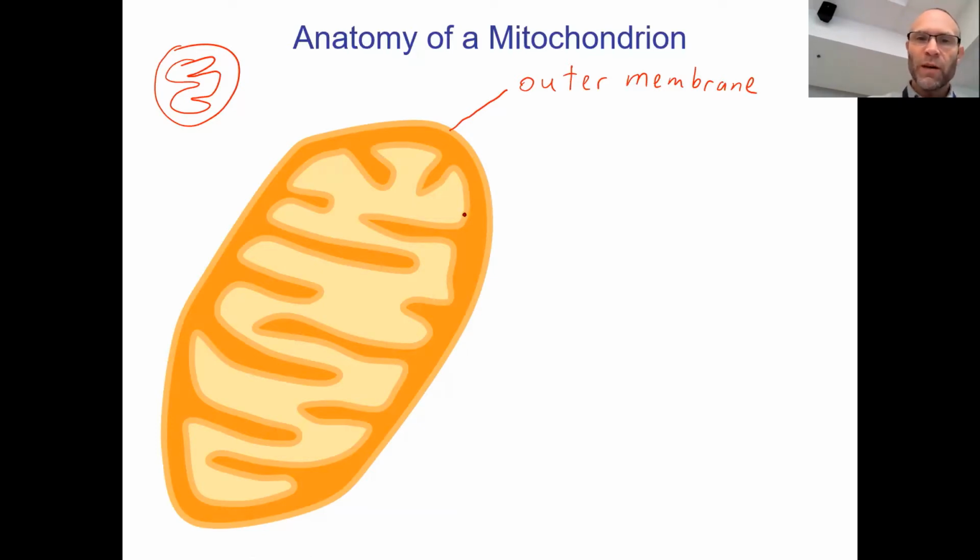We also have, I'm going to leave a little bit of space because I have 2 things to label here, the inner membrane. I'll come back to that in a moment. Inner membrane. And this thing here in between is called the intermembrane space.